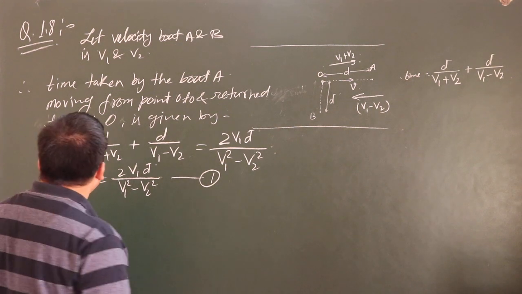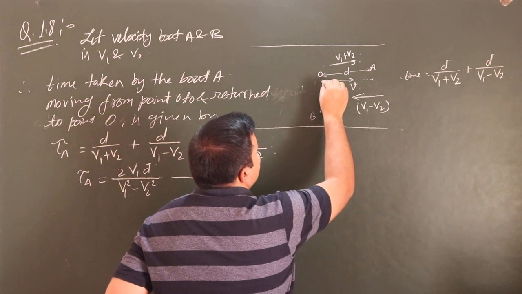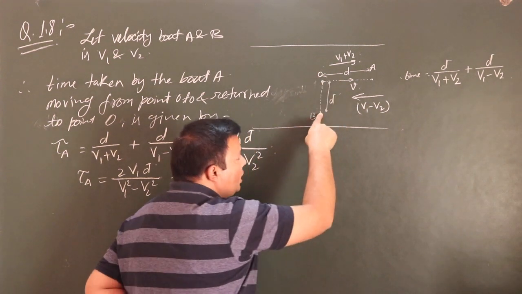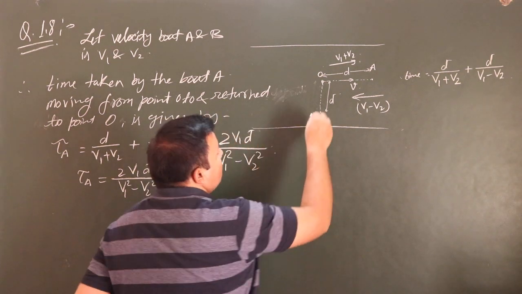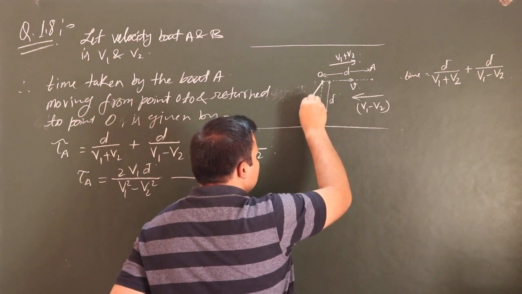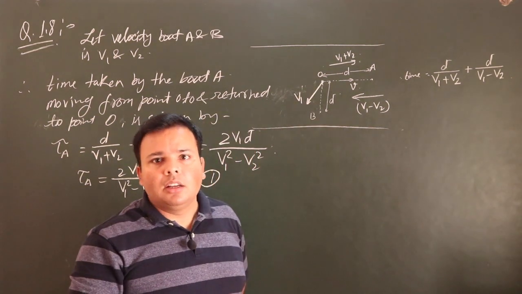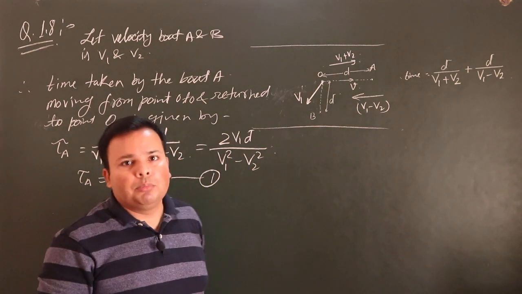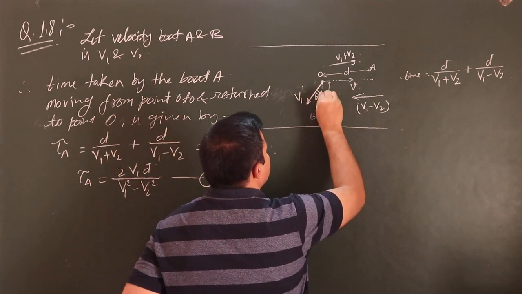And next, for boat B, according to the question, the boat is moving from point O to B across the river. For moving O to B, it must be moving like this, at some angle theta opposite to the stream velocity.